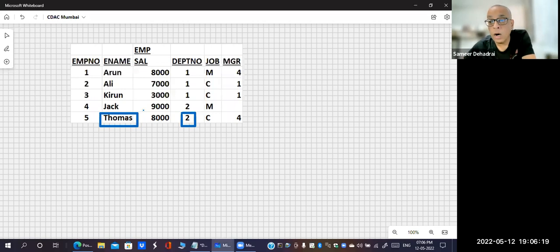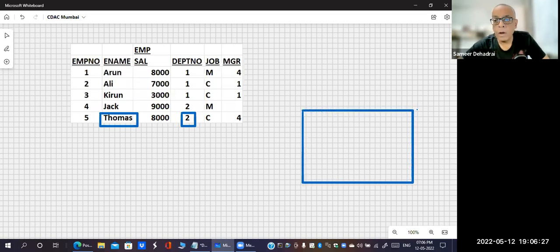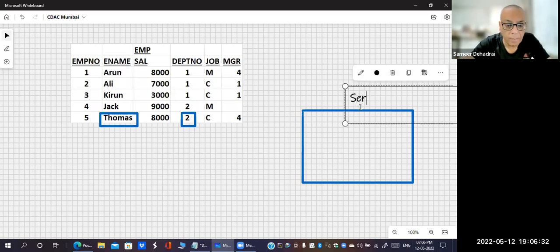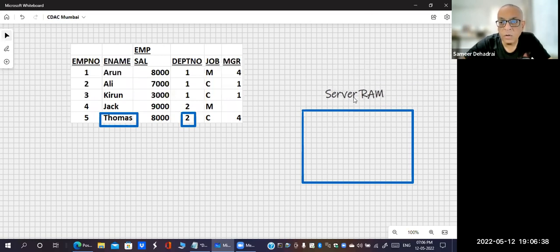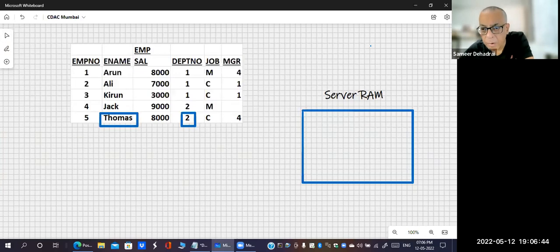So assuming that this is the server RAM, the output of the select statement is stored in server RAM. What is the output of the select statement? Department number. Where is it stored?